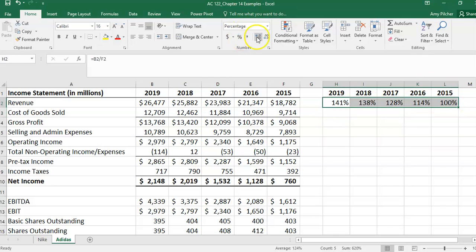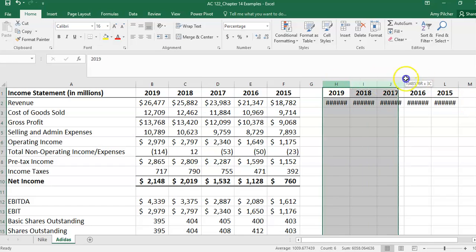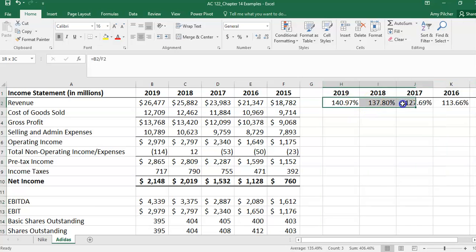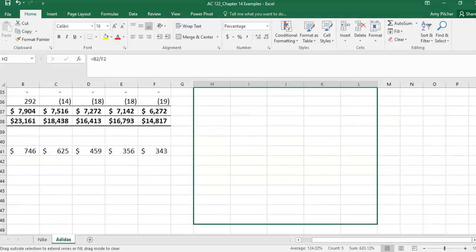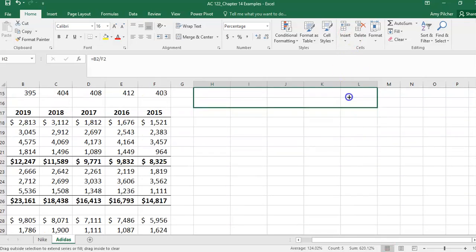Change that to percentages. And then because it is Excel, we can copy that all the way down.